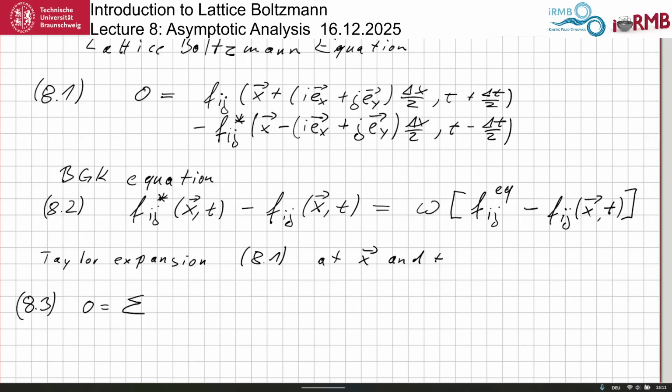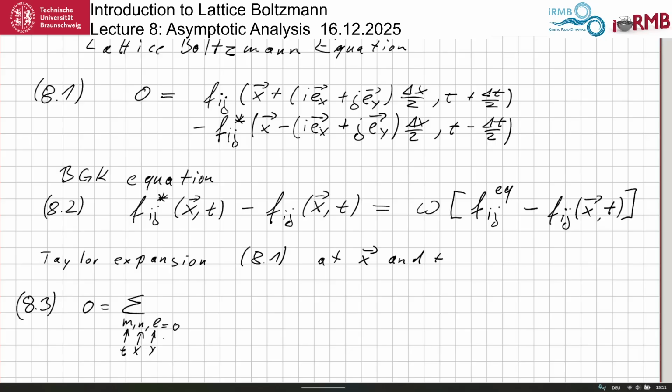For the Taylor expansion, you see we are now in 3 dimensions, because we are in 2 spatial dimensions and we have 1 temporal dimension. So we have to do a Taylor expansion in 3 dimensions. So we'll have them in M, N, and L. I will use M for t, N for x, and L for y.